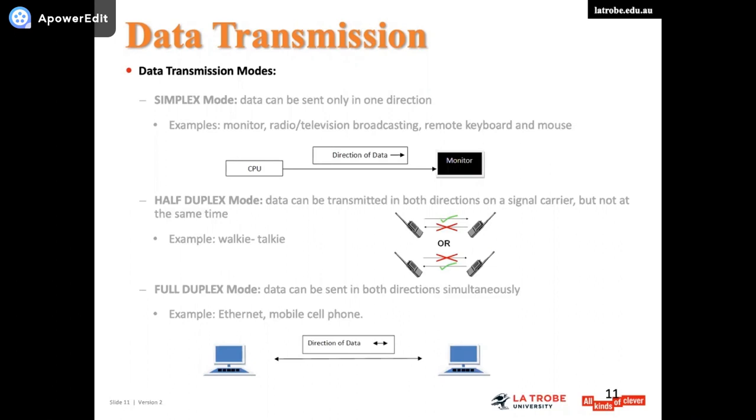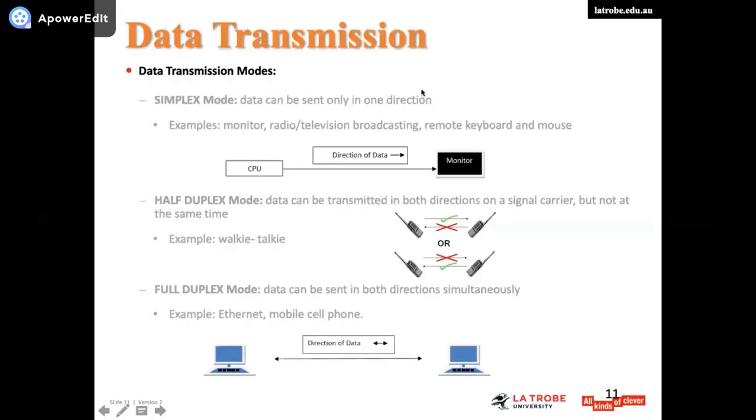Now we have online radio and online television, but that's different, because in this case you can order your program online, so you can send something back to the server, which is not the simplex mode. So only the traditional radio and TV broadcasting are simplex mode. Same for the remote keyboard and remote mouse.